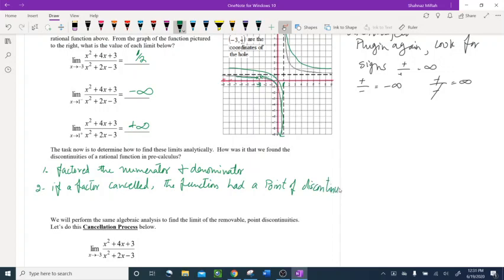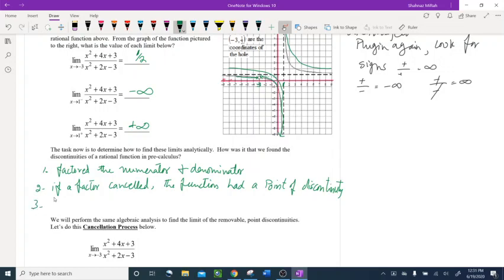They said if a factor cancelled, this means a point of discontinuity. What kind of point of discontinuity? Because we have two different types of discontinuities. Like you have a jump, like a vertical or horizontal asymptote, or you have a hole right there. So which one? This one is going to be a hole.